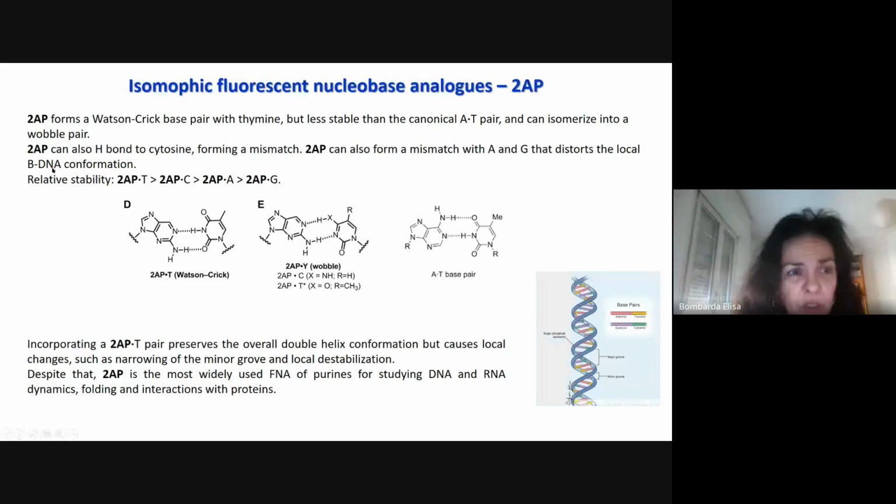Moreover, aminopurine can also H-bond to cytosine. Actually, this is with thymine, but it can also do it with cytosine, and it therefore forms a mismatch.